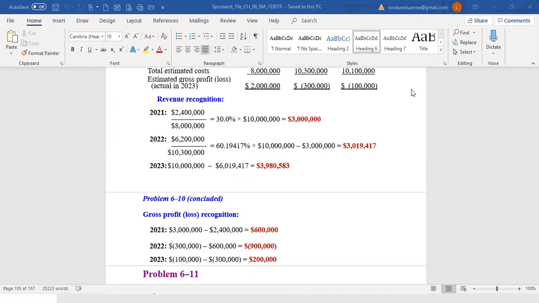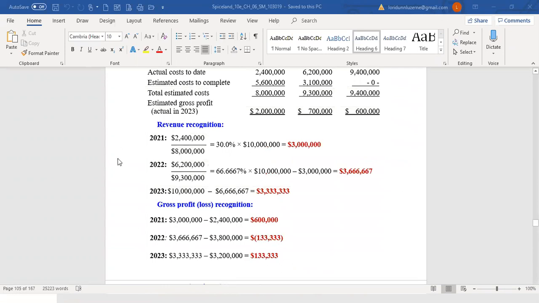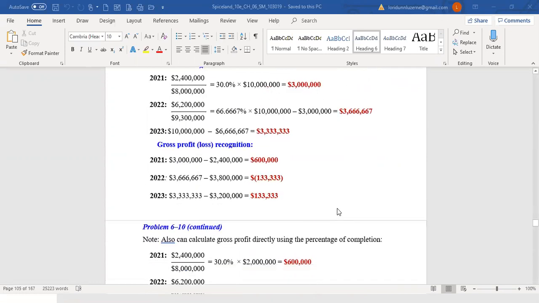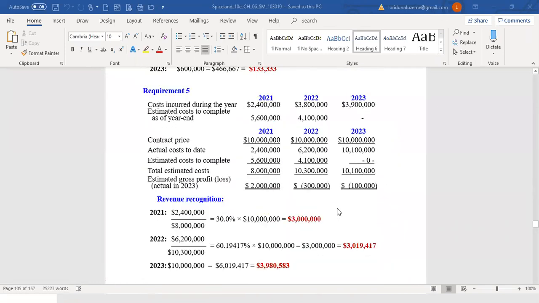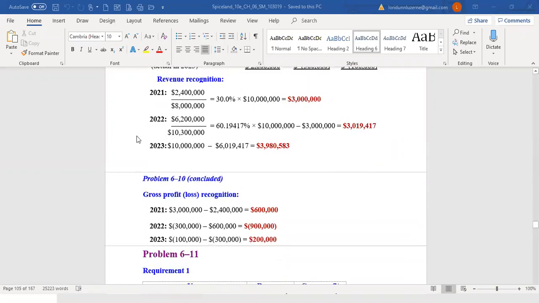So that's really important to know when you have losses. If it's just a loss in a year, like we saw up in part 4, overall the project was still profitable. Yeah, it's okay. Show the loss. Don't have to worry about doing anything extra. But in a year where your overall profit becomes a loss, now you have to abandon what you've been doing.